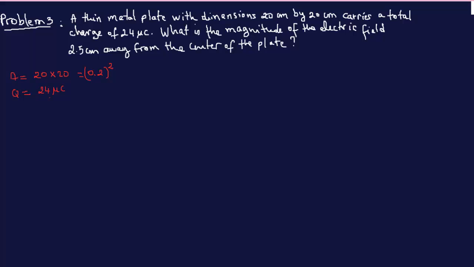So we have to use a formula, of course. Checking which formulas I have to use, because I have the knowns, which are A and Q. The formula I'm using is E, the electric field, is equal to rho S over 2 epsilon.